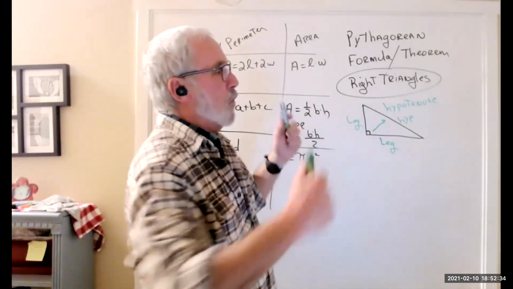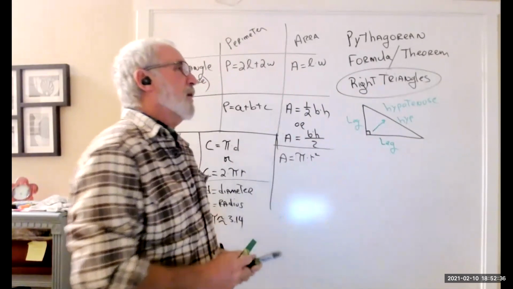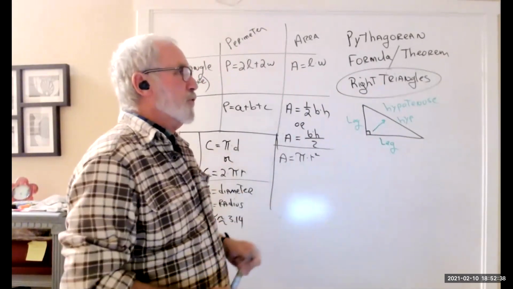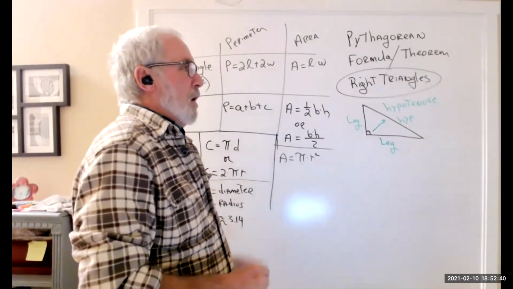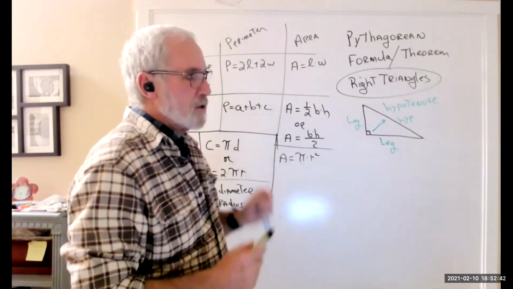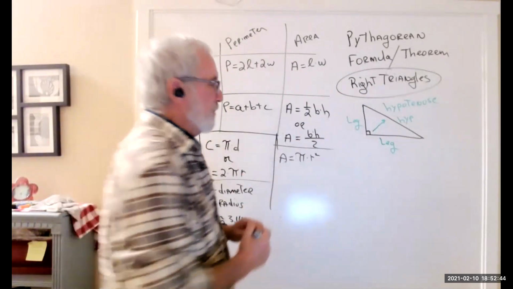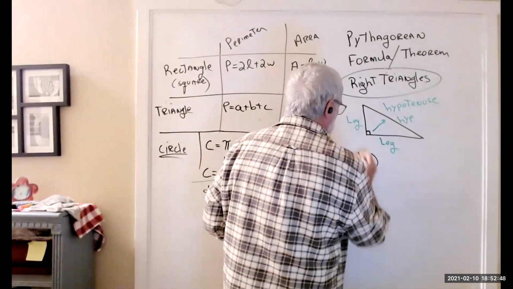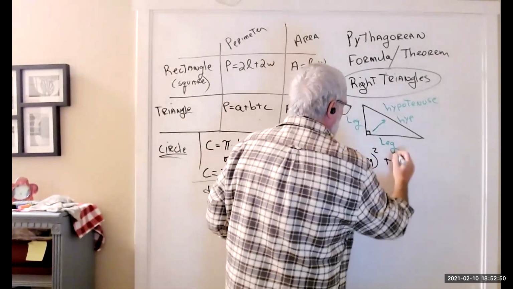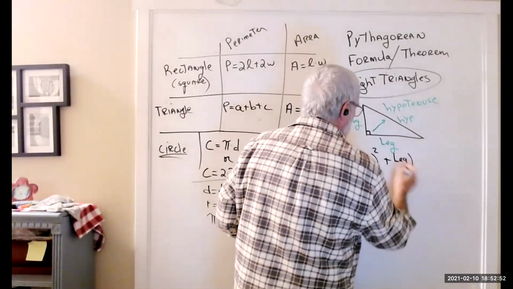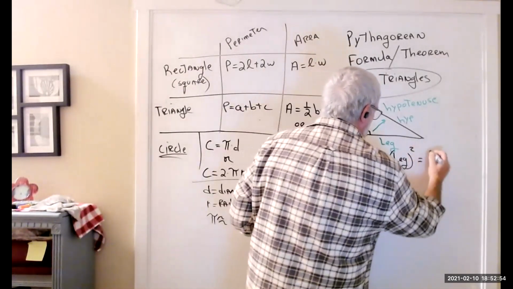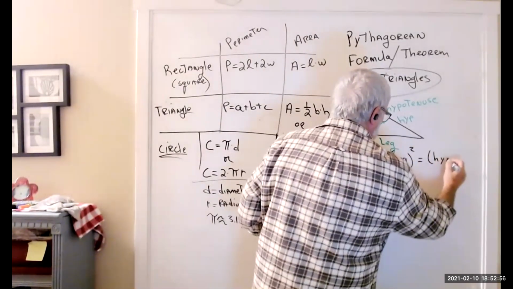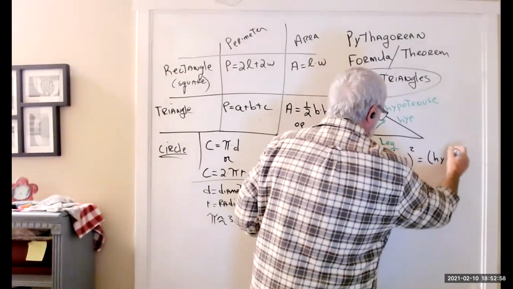Now, again, here comes Foster being all proper and snooty. The correct math formula is to say leg squared plus leg squared equals hypotenuse squared.